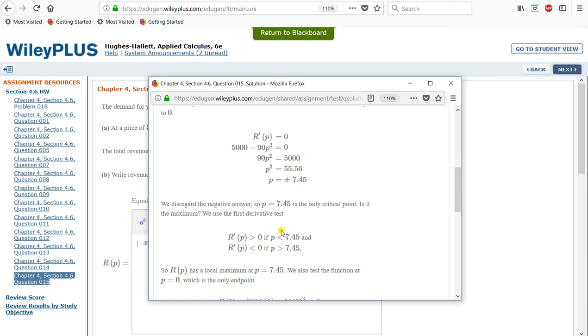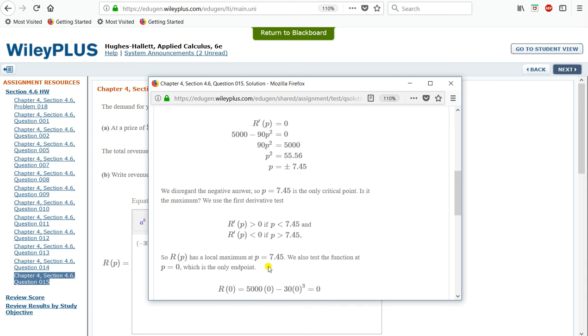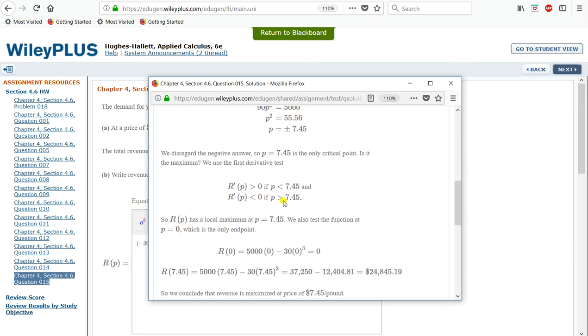Then you can use the first derivative test to test one point on the left side of this number and one point on the right side. You are going from something positive, increasing, to something decreasing, so R(P) has a local max at this price.